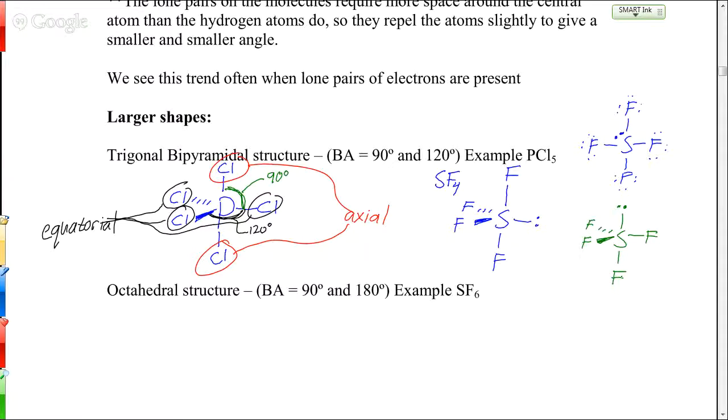Which structure do you think is better in terms of minimizing repulsions, and why? I'm going to get rid of this one up here because we used that already to get our Lewis structure. Yeah. The one on the right.